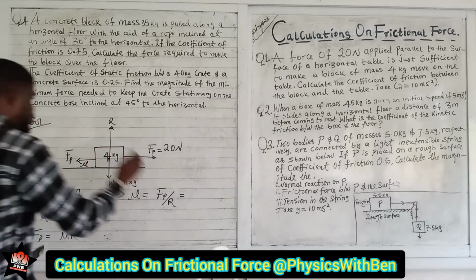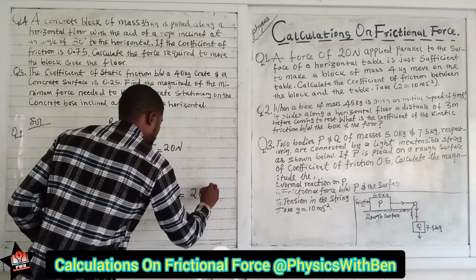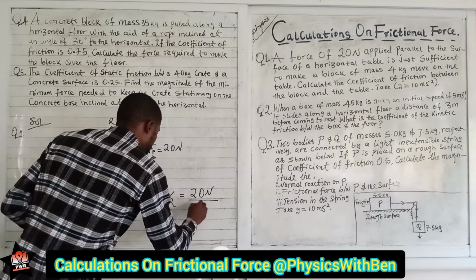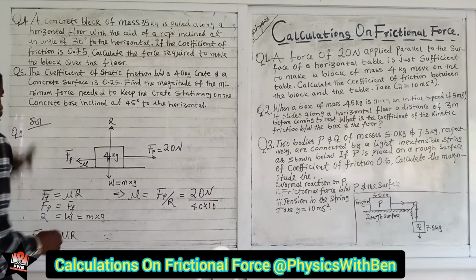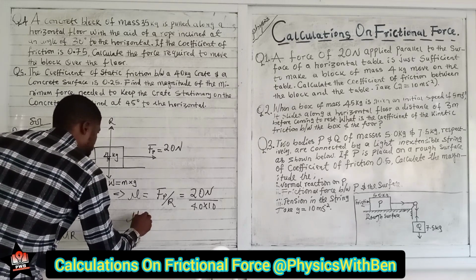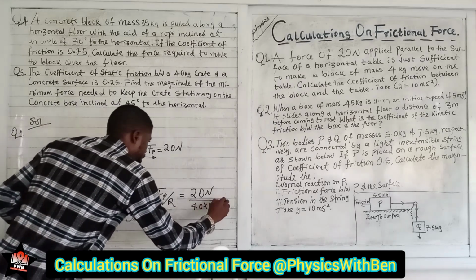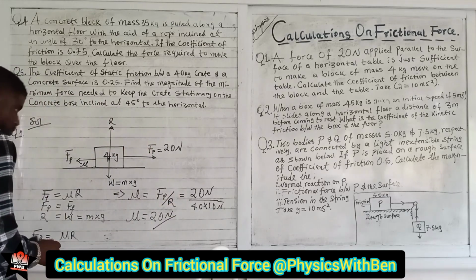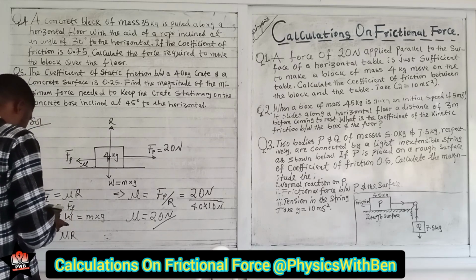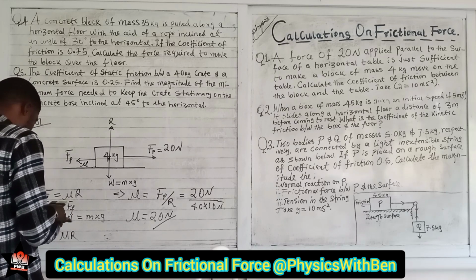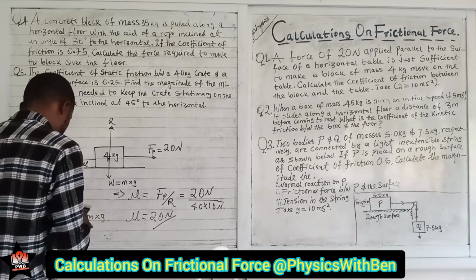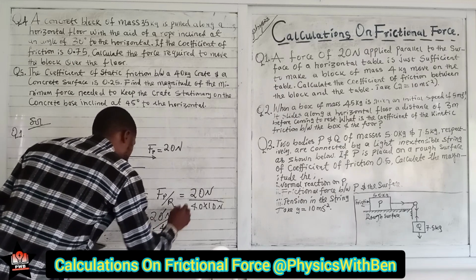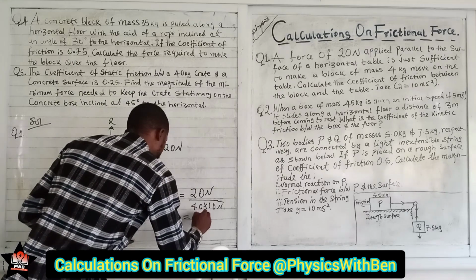And the pull force is 20. So 20 Newton divided by 4 times 10. So mu is given to be 20 Newton divided by 40.